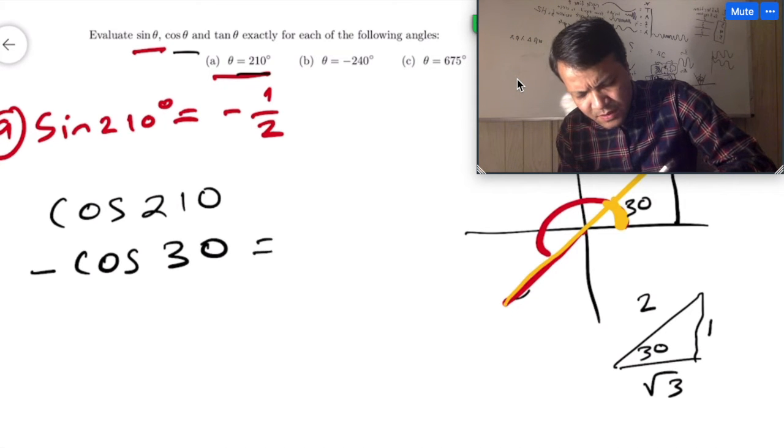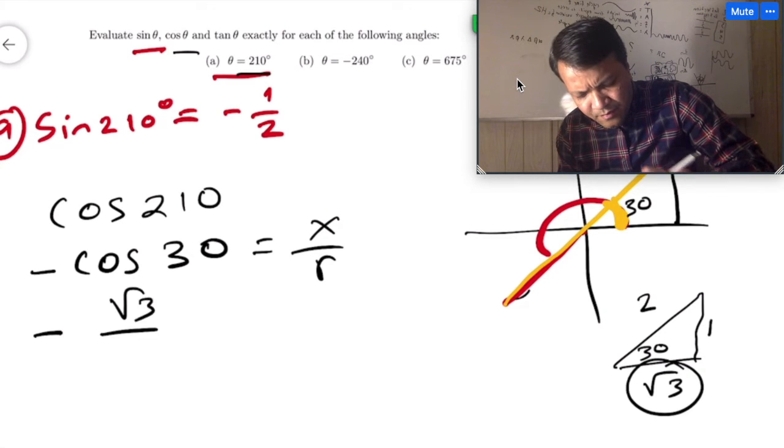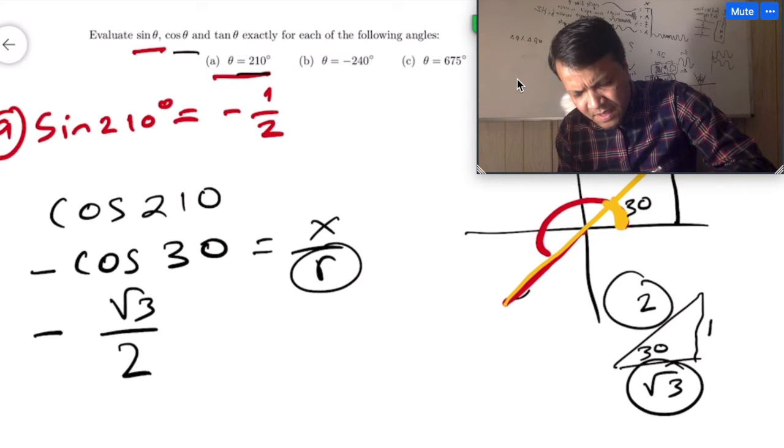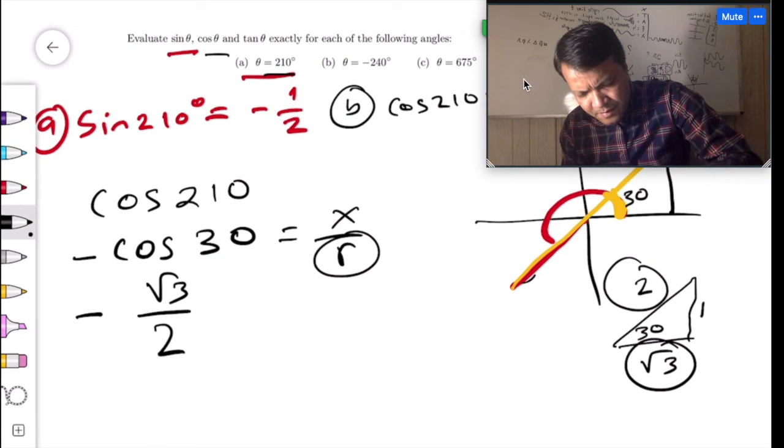Cosine is x over r. So negative x is root 3 and r is 2. So B is: cosine 210 is negative square root of 3 over 2.